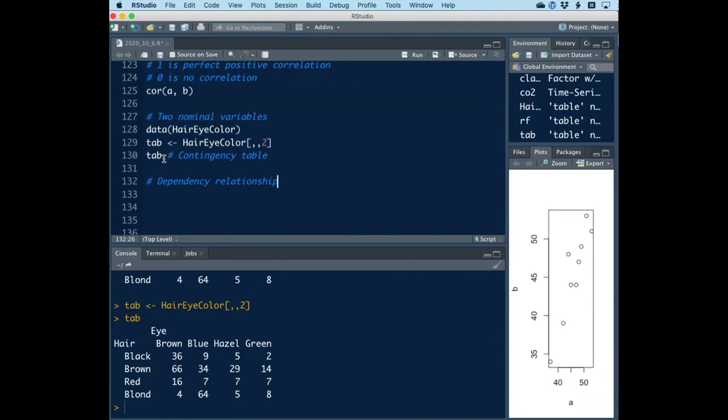Two traits are independent when the probability of having hair of some color does not imply anything about the color of your eyes. That would be independent. And in this case, we see that it is not independent, clearly, because we have some combinations which are more frequent than others. So we can suppose that there is a dependency relationship between the color of the eyes and the color of the hair.